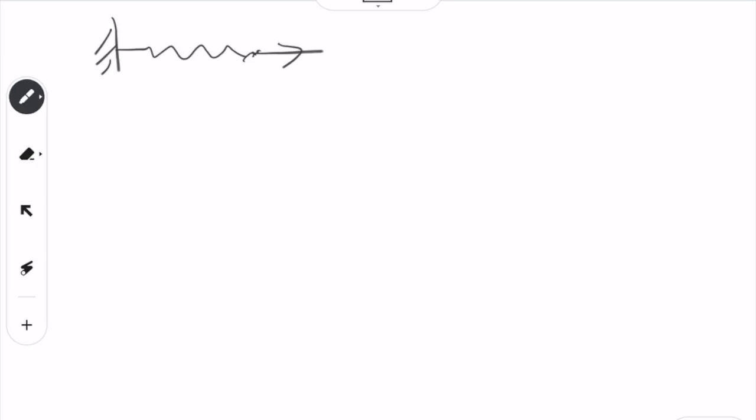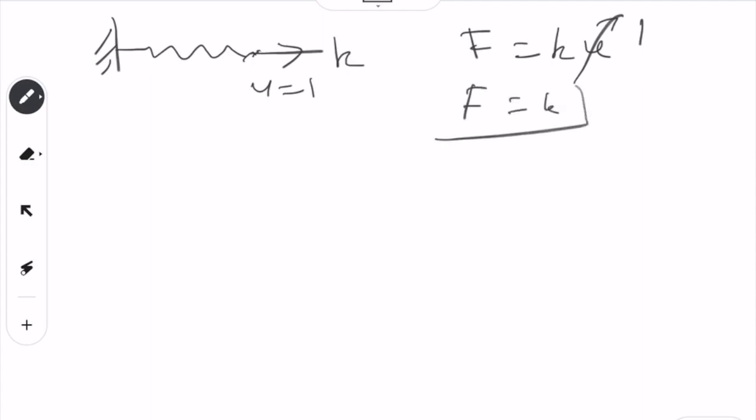You apply displacement u equal to 1, and whatever force is needed to move this by unit is stiffness, right. So, basically F equal to K times U. If U is equal to 1, hence F equal to K, that is what you did.